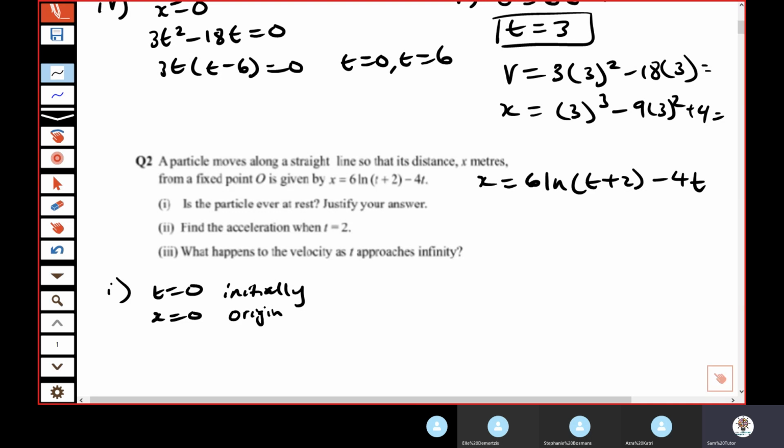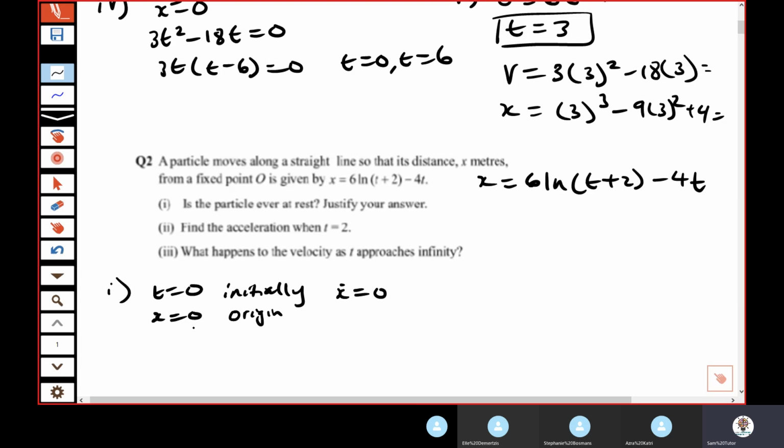When is the particle at rest? x dot equals 0. Rest is the same as stationary. You can't say x equals 0 because x is displacement. For example, say your car was outside. It's at rest, but are you at home?